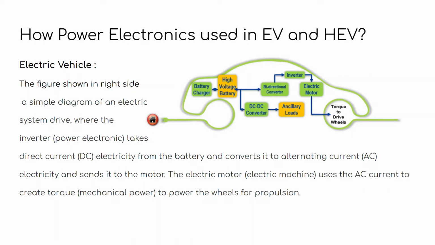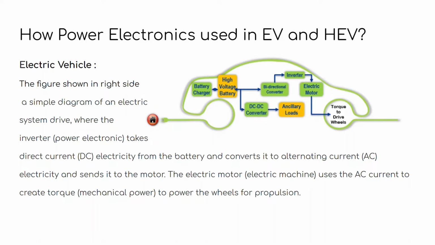So the main question here is, how are power electronics used in EVs, that is electric vehicles, and HEVs, that is hybrid electric vehicles? First of all, let's discuss the power electronics involved in electric vehicles.